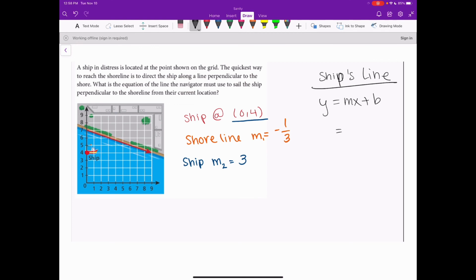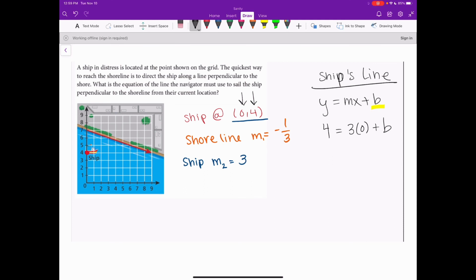I know that the slope has to be 3. I know that it goes through the point 0, 4, where 0 is the x coordinate and 4 is the y coordinate. The only thing that I don't know is the y-intercept, the plus b on the end. So that's something I'm going to have to solve for.